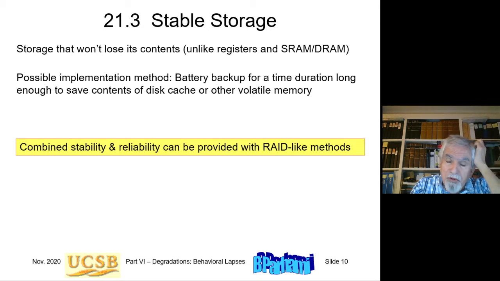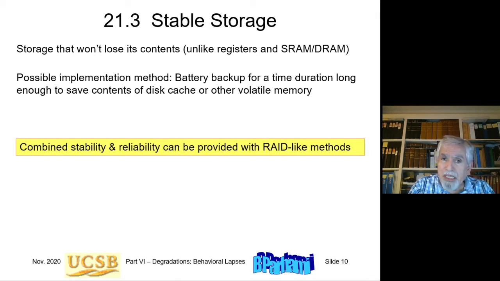Okay, so for example, if you have memory that is not stable, is volatile, one way of dealing with it and making sure that you don't lose data is to provide battery backup for a time duration that is long enough to save the contents of such memories. For example, disk cache.